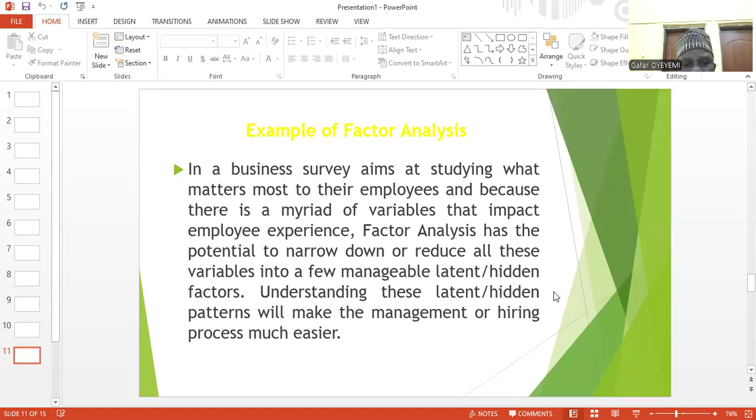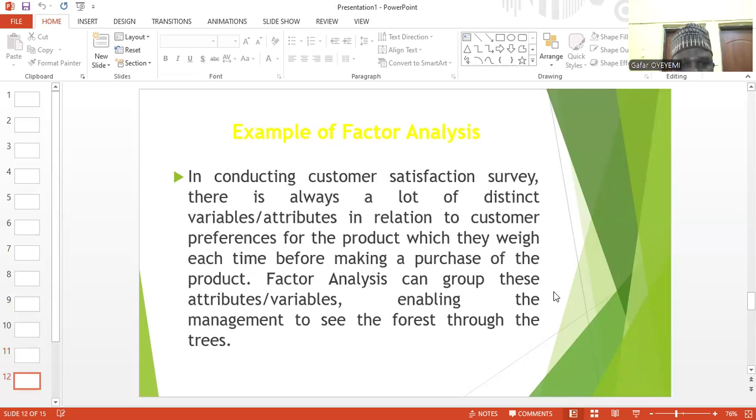Factor analysis will help us narrow down or reduce all these variables into a few manageable hidden variables, or what we call factors. So understanding these factors will make it much easier for the management or the business owner.